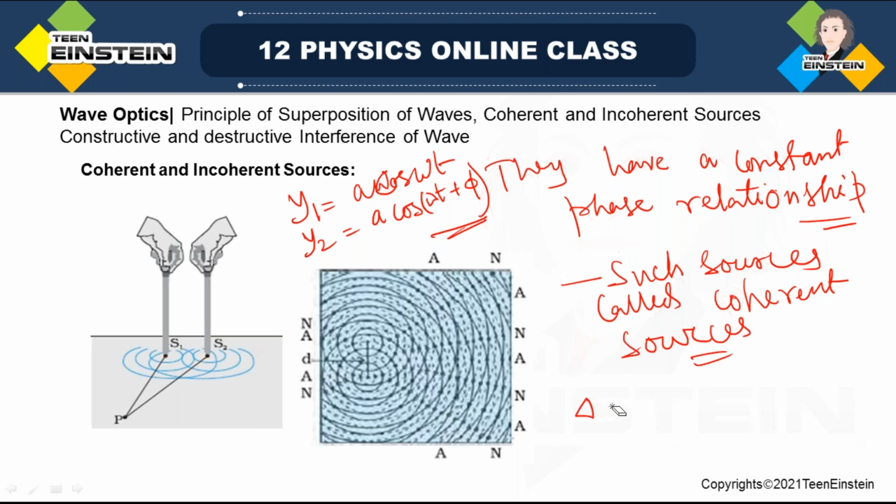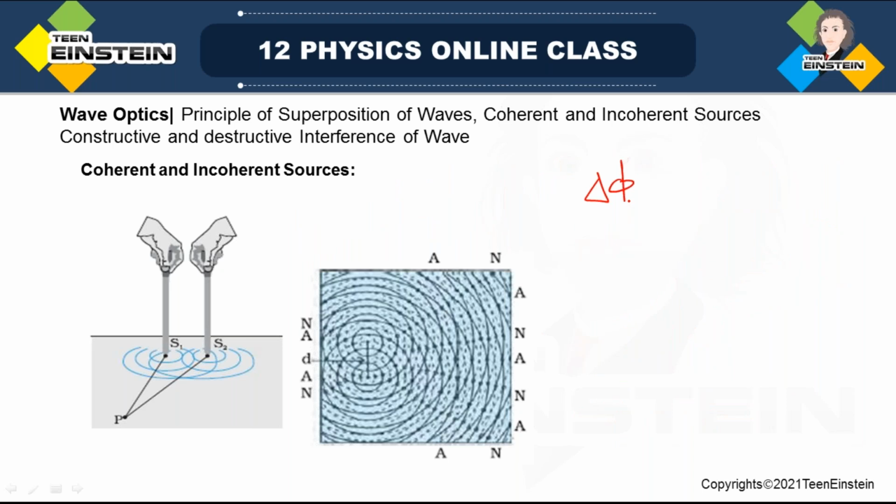Phase is denoted by phi, and phase difference is denoted by d phi. That means phi 2 minus phi 1. So this phase difference is expressed as 2 pi by lambda into path difference.